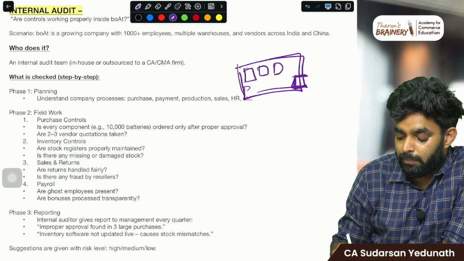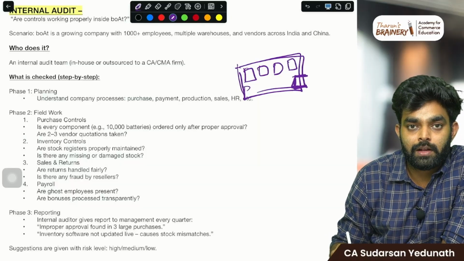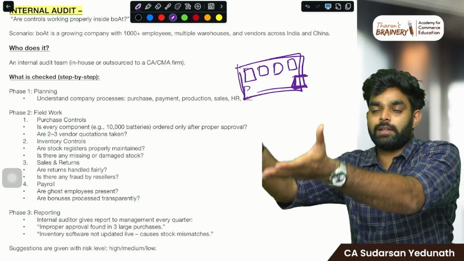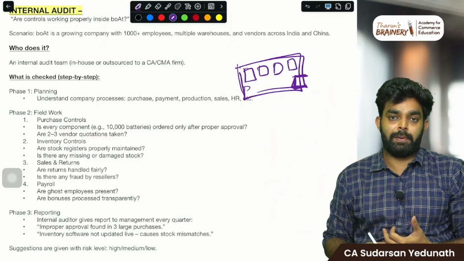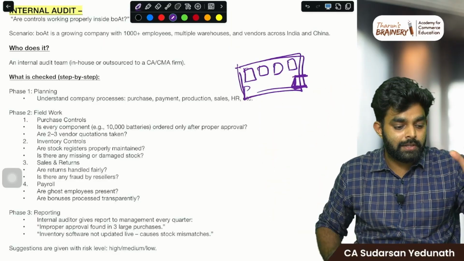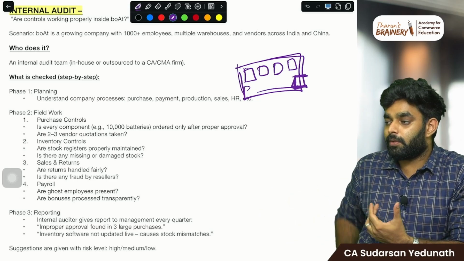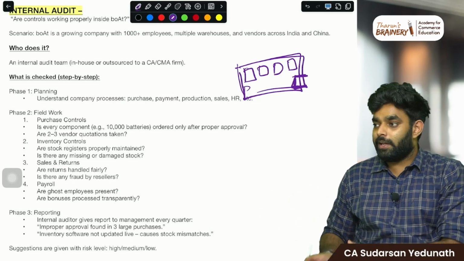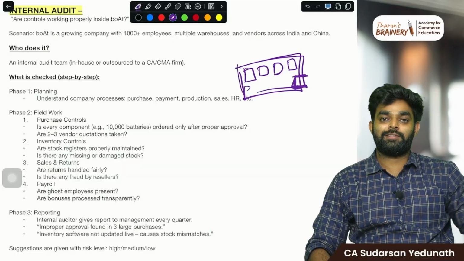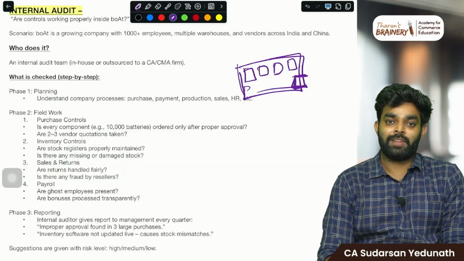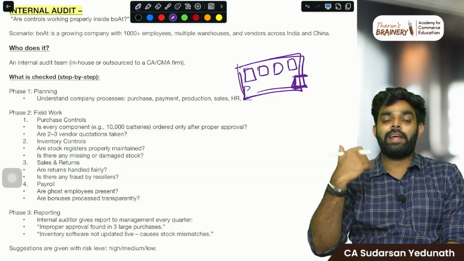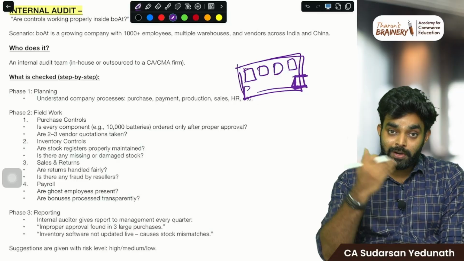So how will boAt make sure about the employees who are loading and unloading there? Sometimes an earphone is a small thing. Why can't a person open one box and put one earphone in his pocket and go? Or 10 earphones in the pocket and go and sell them on OLX? Employees can do that, right? So how will boAt protect them? boAt will put a control.